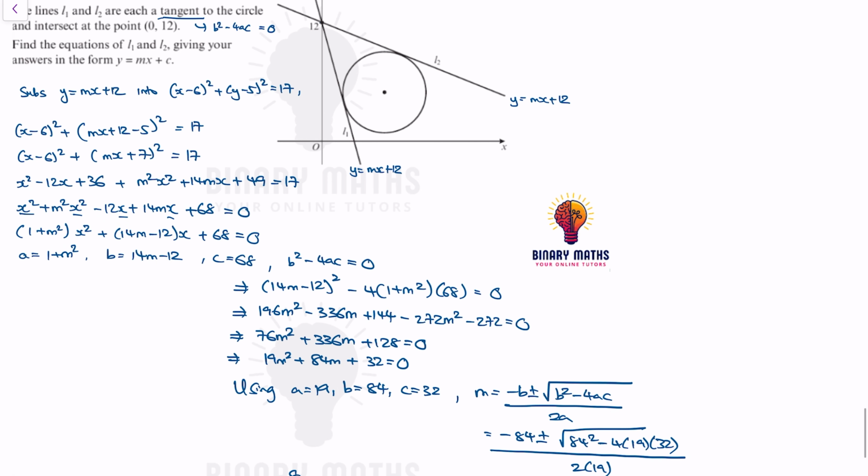Which makes sense because both the gradients are negative. So when m is equal to negative 8 over 19, y is equal to negative 8 over 19x plus 12. And when m is equal to negative 4, y is equal to negative 4x plus 12. So these are the two equations you get for the lines L1 and L2.